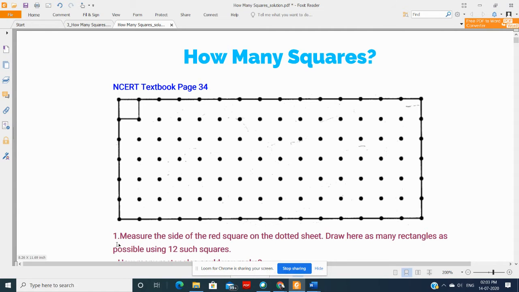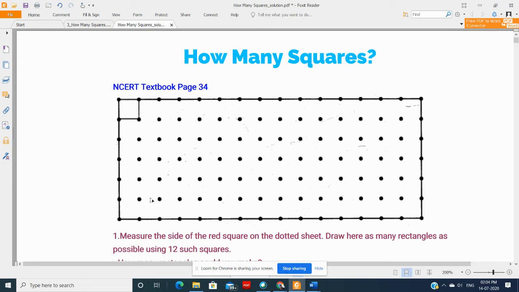See, in this question first, they're saying measure the side of the red square. This is your square, okay? It's black color here, but it's given red in the textbook, on the dotted sheet. So this is your dotted sheet, and on this they have given you one square. Draw here as many rectangles as possible.